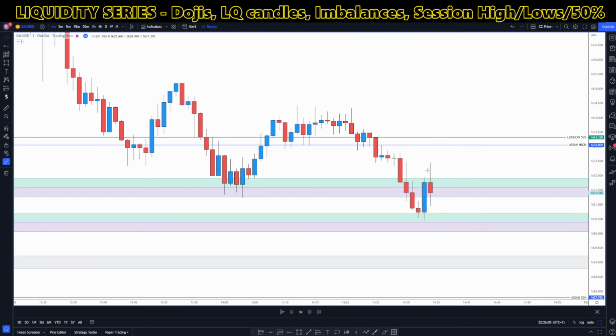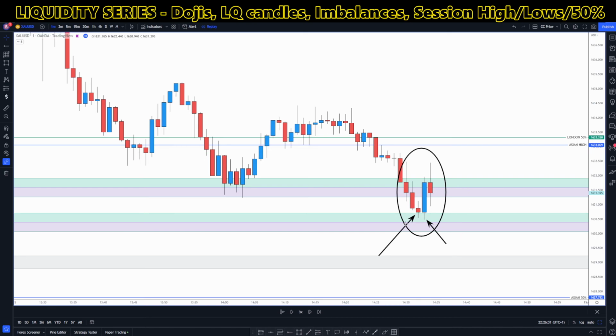So that doji that we saw on the 5 minute time frame, when you look at the 1 minute, that's the pattern I'm looking for. It doesn't have to be 1 minute necessarily, but I want to see a doji followed by a liquidity candle. When I see this, it's usually a very good sign that manipulation is starting to come into the market.